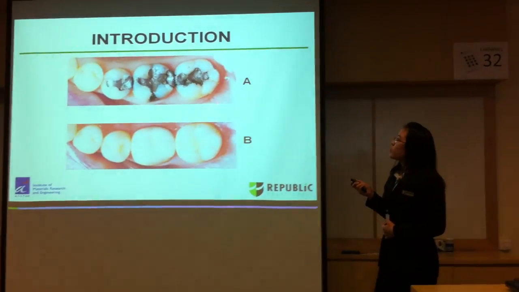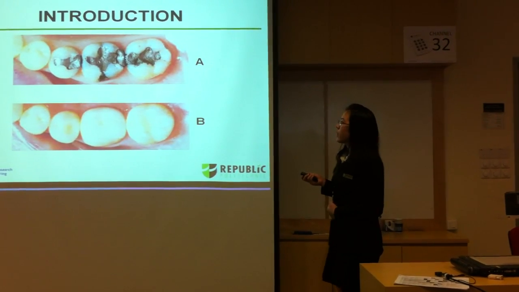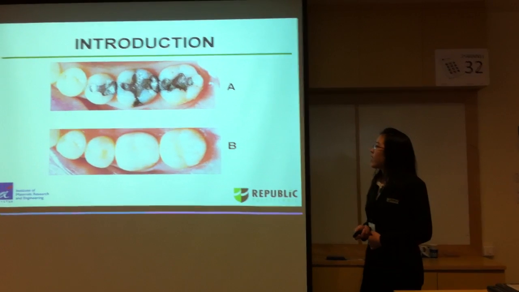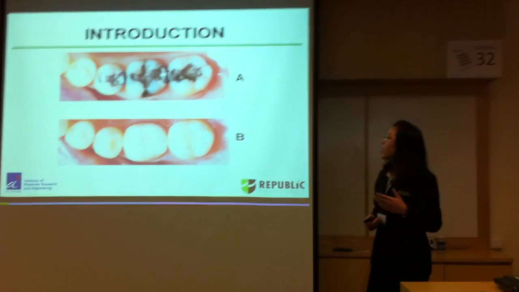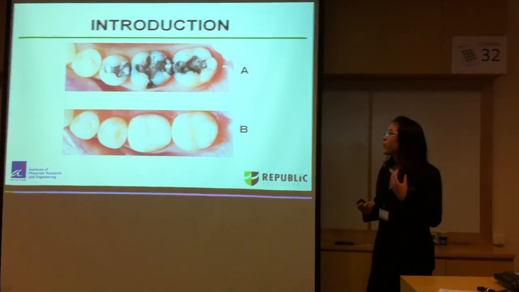Diagram A shows one type of dental restorative material, and diagram B shows another one. A is amalgam, which consists of mercury. This mercury may have a possibility of being toxic over time if it is present in your oral health.